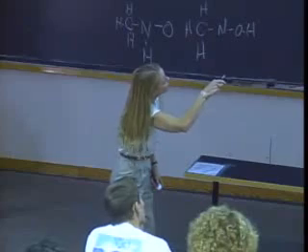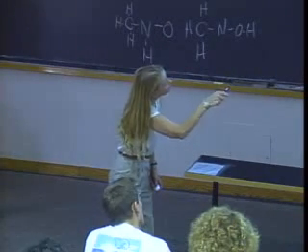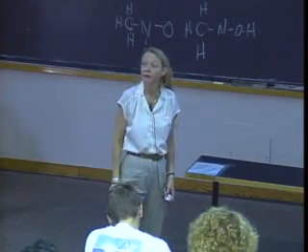Or I could have picked this oxygen and nitrogen to put in the double bond, and I'd have the same set of formal charges. So we have 3 different structures, all with the same set of formal charges.